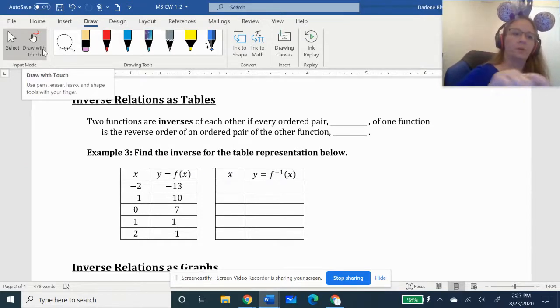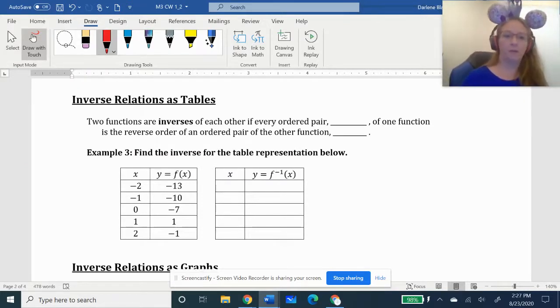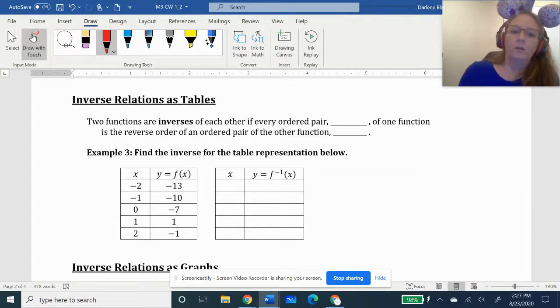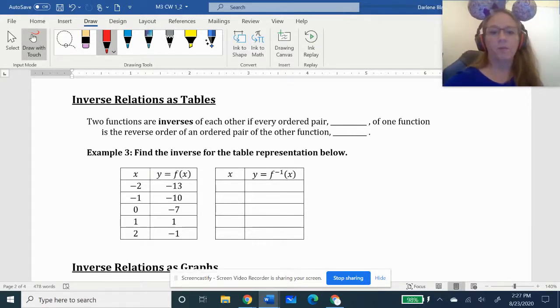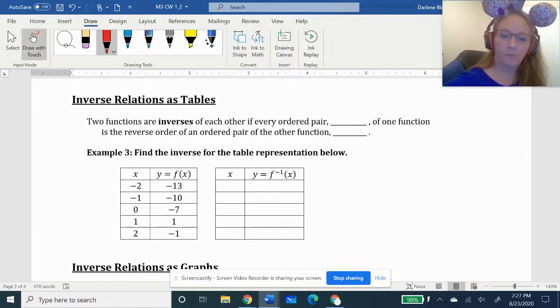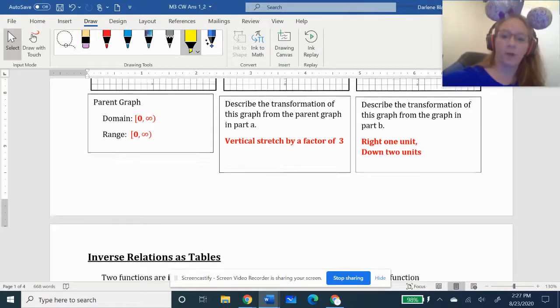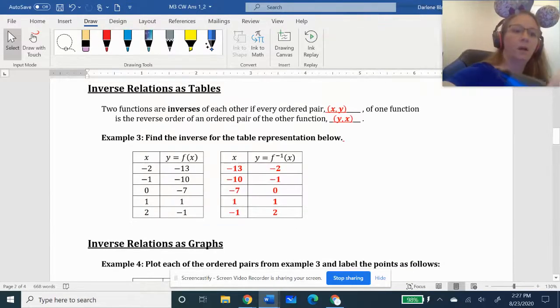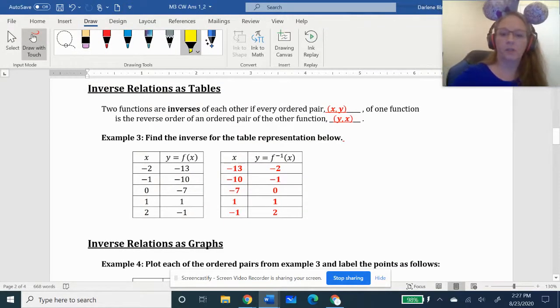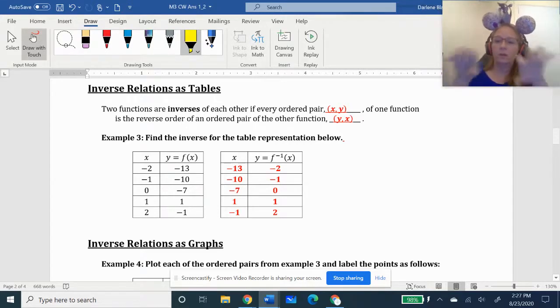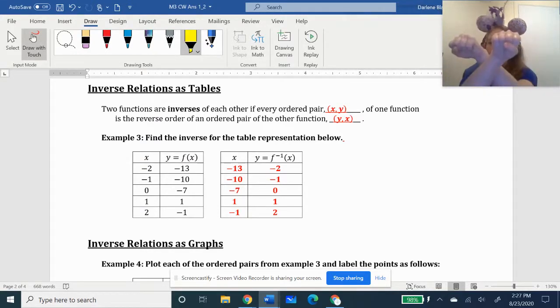Okay, so inverses as tables, inverse relations as tables. Two functions are inverses of each other if every ordered pair being xy. All an inverse function does is it swaps the x and the y, and it forces it to go backward.